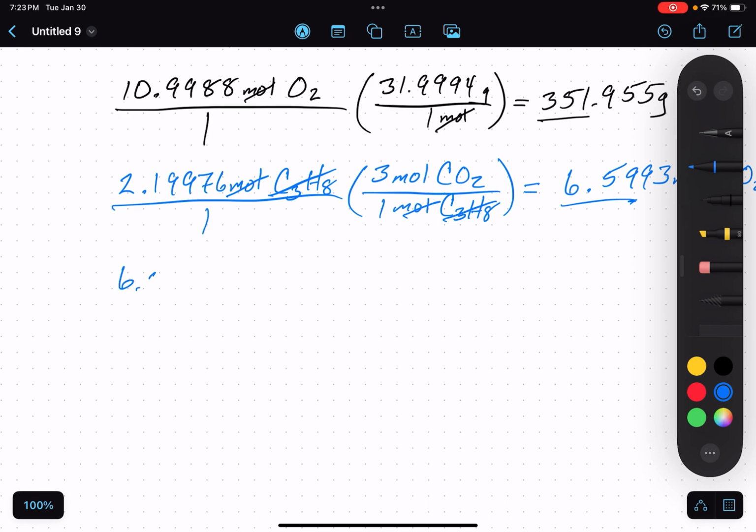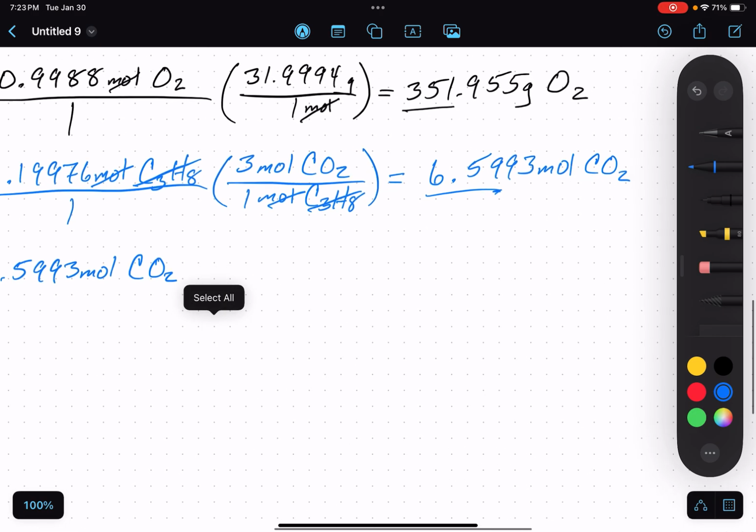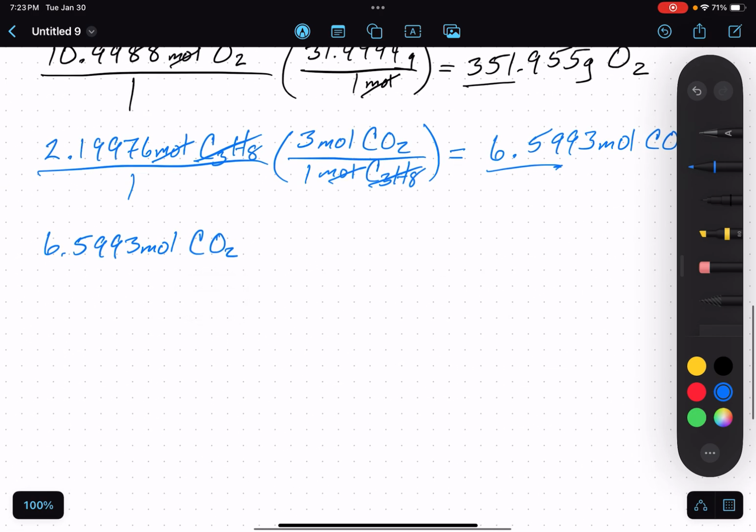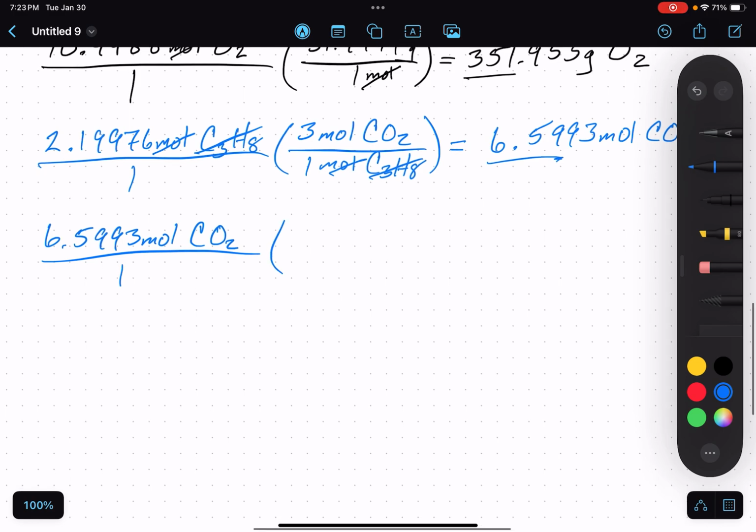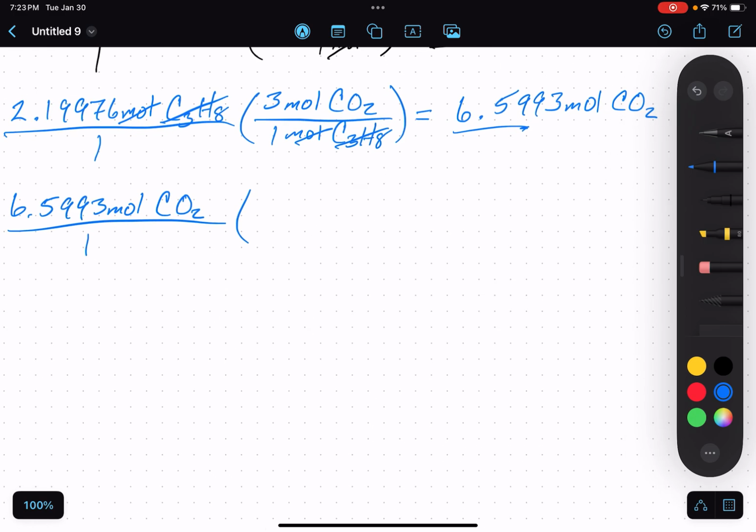Now, since I have the moles, let's convert that to grams. 6.5993 moles of CO2, that's carbon dioxide, and I'm going to put that all over 1. Open up a set of parentheses. I'm going from moles to grams, so I need to use formula weight. That comes out to be 44.01 grams for every 1 mole.